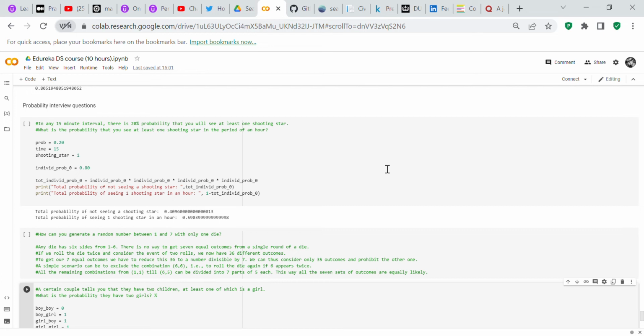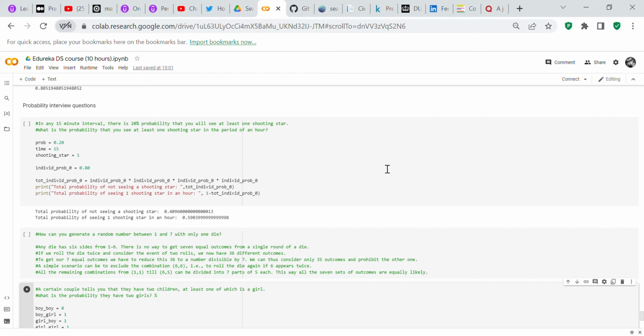Then you calculate and print the total probability of not seeing a shooting star, and that total individual probability 0 is 0.4096. And then you print the total probability of seeing one shooting star in an hour, and so that's 1 minus total individual probability 0.